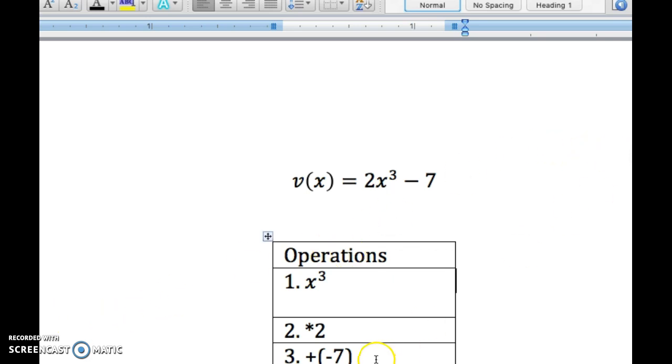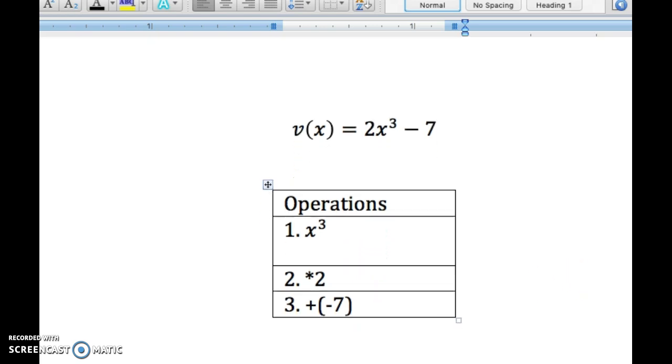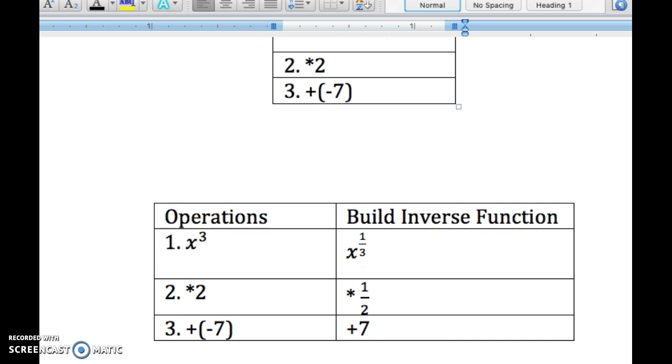I will go in the opposite direction to then build my inverse function. So that will give me plus 7. So I will have x plus 7 times 1/2 raised to the power of 1/3.